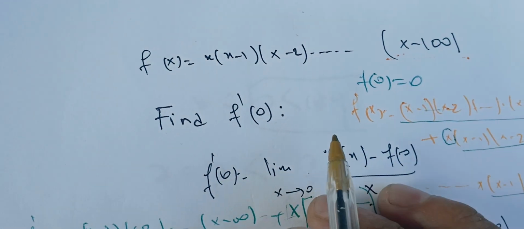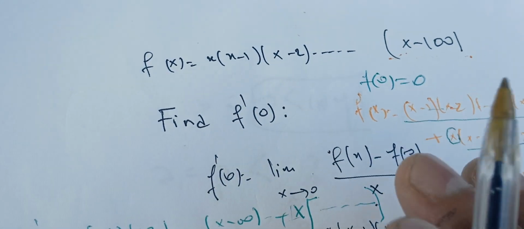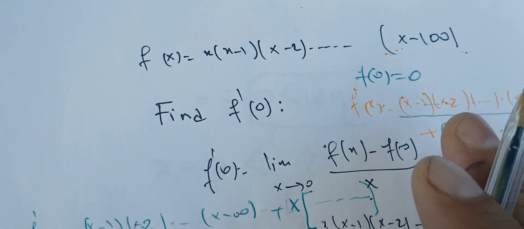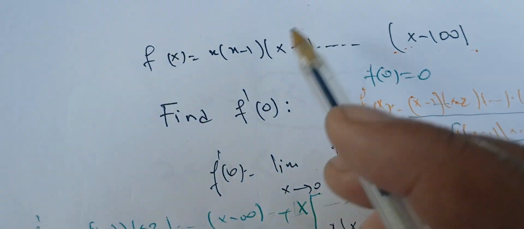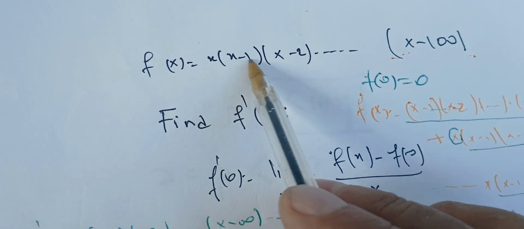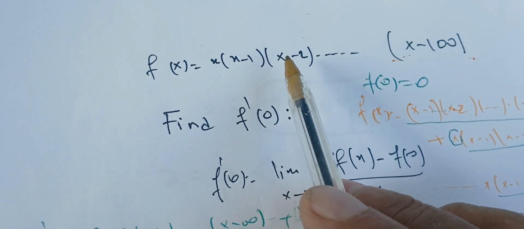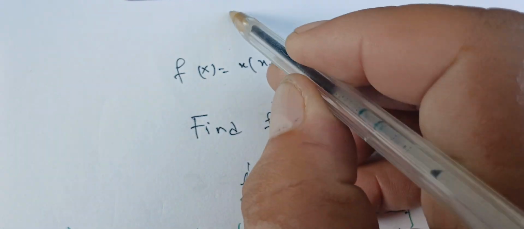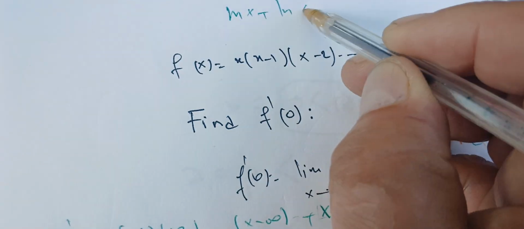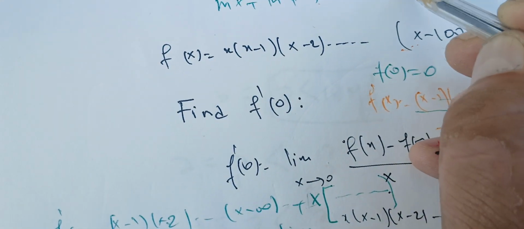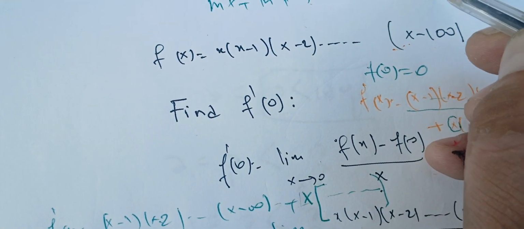There is a third way, and it's the one that I like in some cases. It's taking the log, assuming that the log of f exists. In this case, we have the log of x plus the log of (x minus 1) plus ... plus the log of (x minus 100). This is the natural log of f of x.